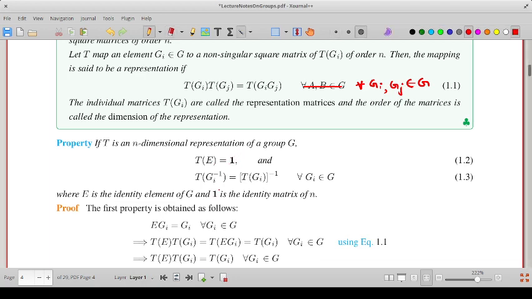And the second property is that if we have an element Gi of the group, then the representation matrix of Gi inverse, denoted by T of Gi inverse, is equal to the inverse of the representation matrix of Gi. So T of Gi inverse is equal to Tgi inverse, true for every element Gi of the group.